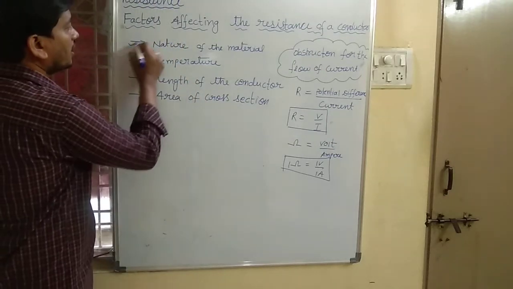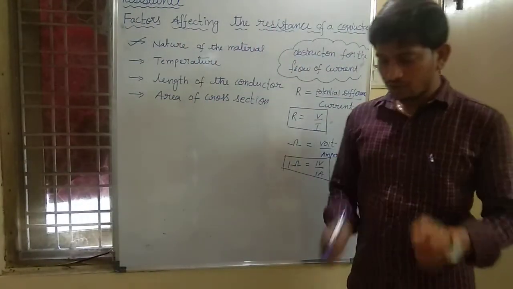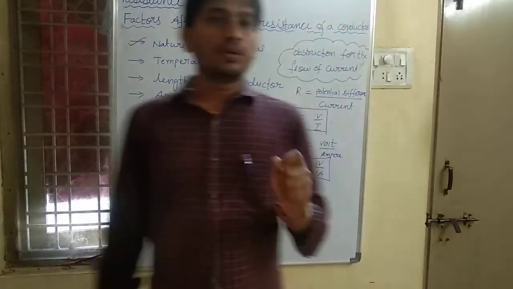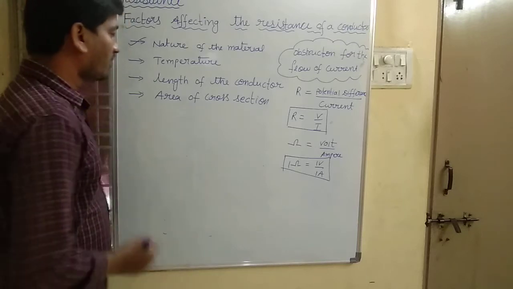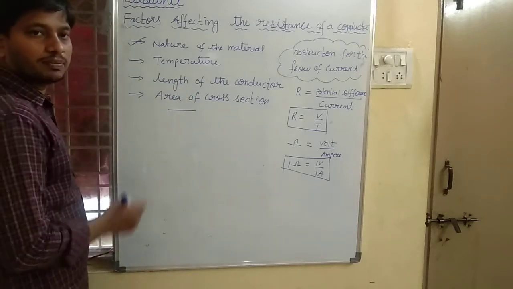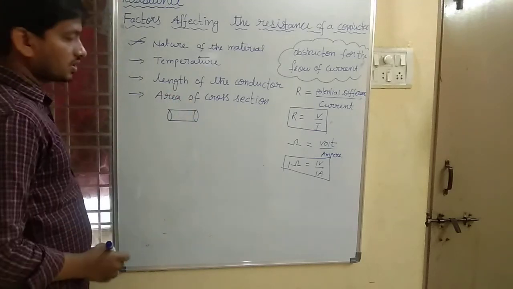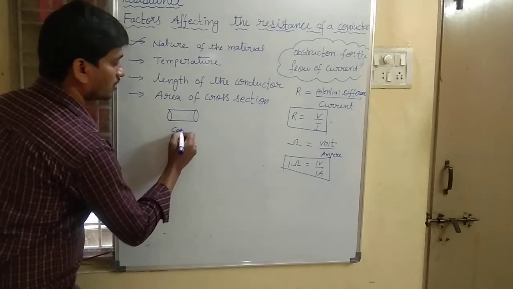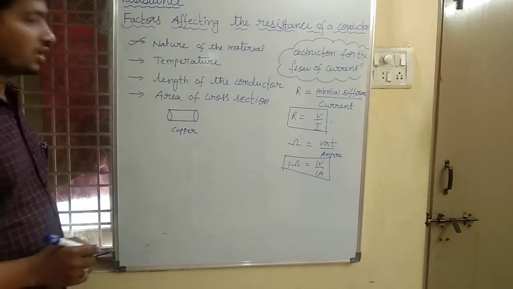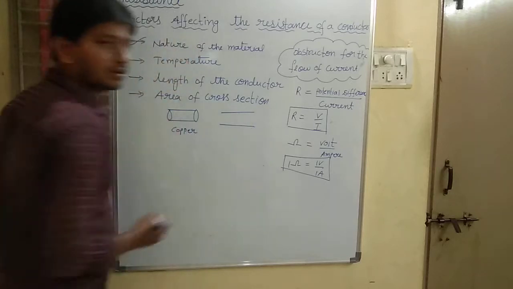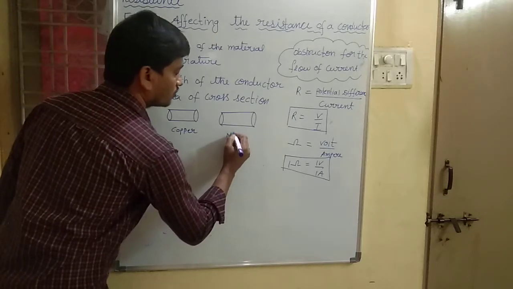So the first one is nature of the material. Material you take same way. For example, you take wire, it is nothing but conductor. You take two conductors. This is made up of copper, and the second wire is made up of nichrome.